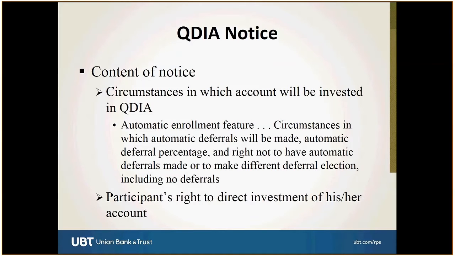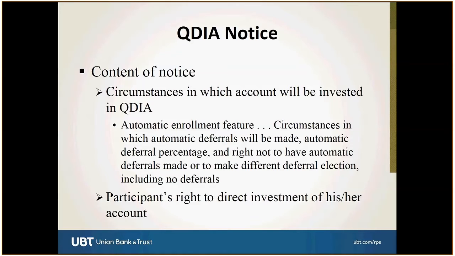And as we talked last week, the issue came down to, what if the participant doesn't exercise control over his or her account? In other words, doesn't make an investment election. Well, as we saw last week, as long as we provided proper notices to the participant, we can invest that non-electing participant's benefits in a qualified default investment alternative, usually a target retirement type of mutual fund, and we should be able to get 404C protection.